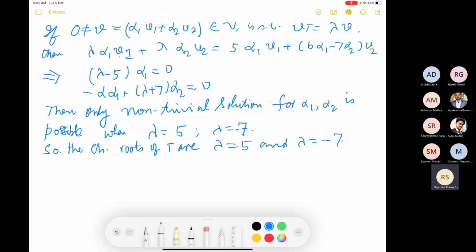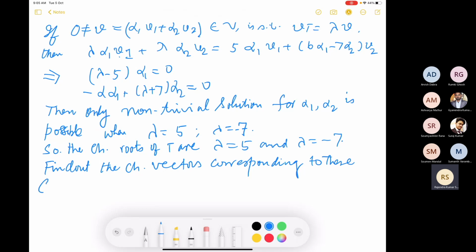And likewise, you can find out characteristic vectors corresponding to these characteristic roots of T. That is, find the non-zero vectors v such that vT is equal to 5v and vT is equal to minus 7v.